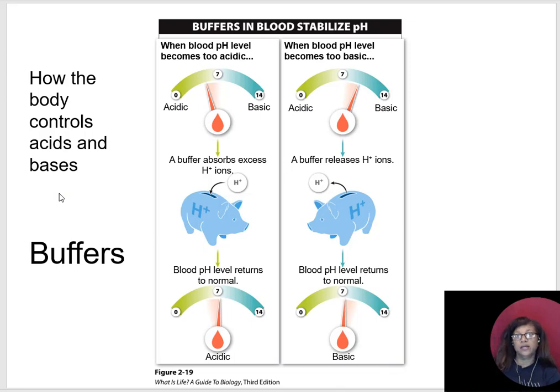And let me tell you how critical that is. If you were to reach, say, a blood pH of 6, you would die. And so that's why your body actually has buffers. If you were to reach a blood pH of, say, 9, you would die. And that's why your body has buffers. Okay? And buffers basically help to bring the pH back into a normal range.